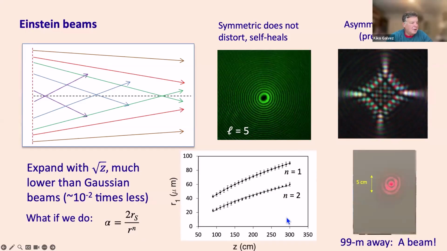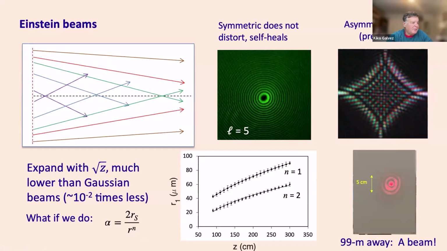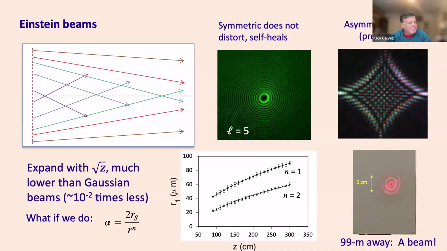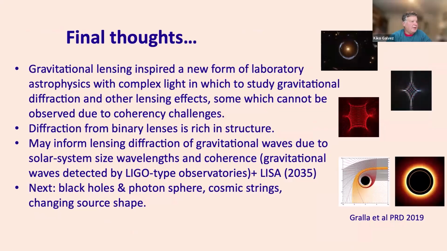So you could think of other types of beams that we can create this way, that we call Einstein beams. So finally, some final thoughts. Gravitational lensing has inspired a new form of laboratory astrophysics with complex light, in which to study gravitational diffraction and other lensing effects, which cannot be observed due to coherence challenges.